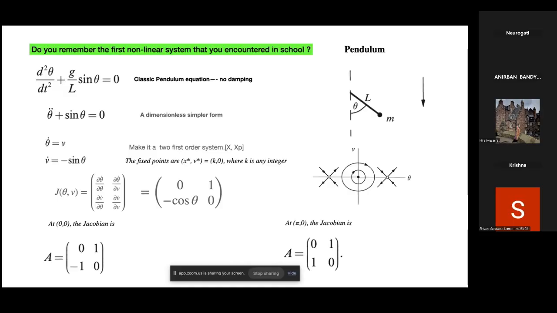That's why it will give you periodic solutions, or closed orbits, or we can call it a center. At pi, 0, we'll get a saddle point, which we also discussed earlier. One eigenvalue will be plus 1 and one will be minus 1.